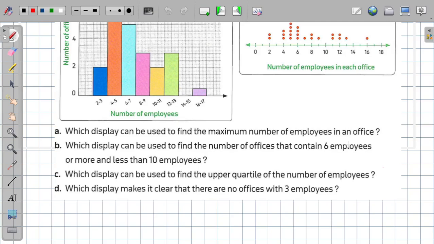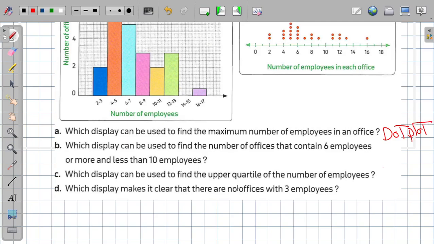I think we have only one way, and this way is the dot plot. So the first one is the dot plot.